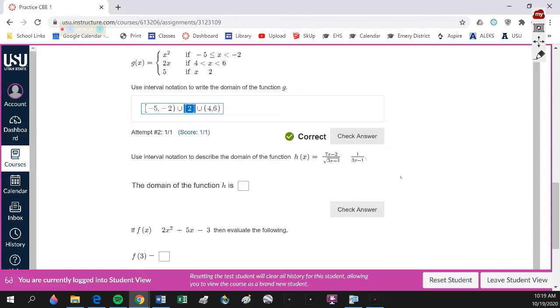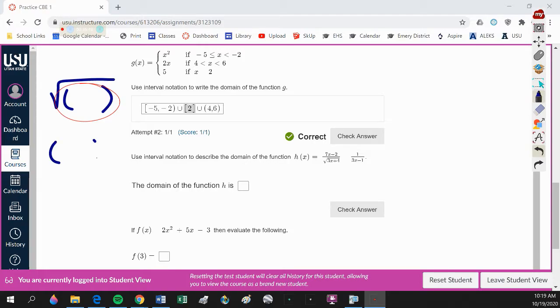Two more. All right. How do we break domains? What can we do to break a domain? 0 on the bottom or a negative inside a square root. Okay? So when I have a square root, what do I do with this to find the domain? I take whatever that is and I write greater than or equal to 0 and then solve it.